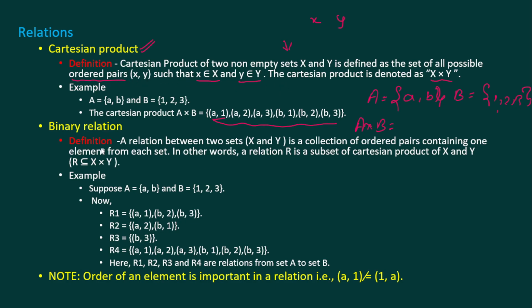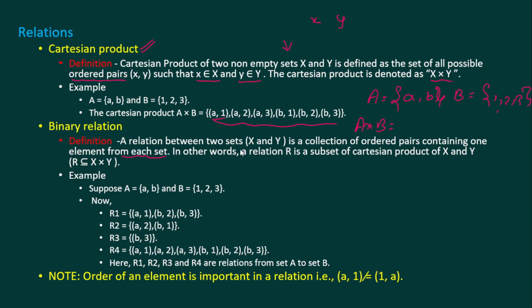Now let's understand the definition of a binary relation, or we can simply say relation. A relation between two sets X and Y is a collection of ordered pairs containing one element from each set.